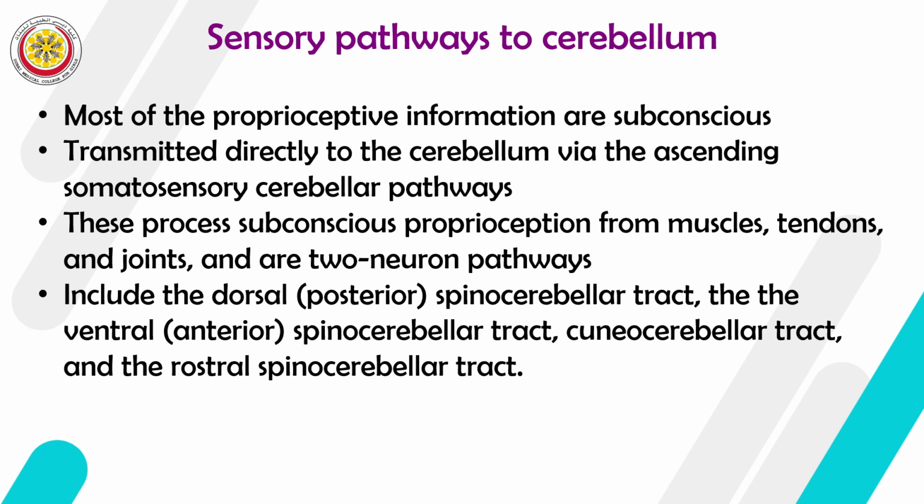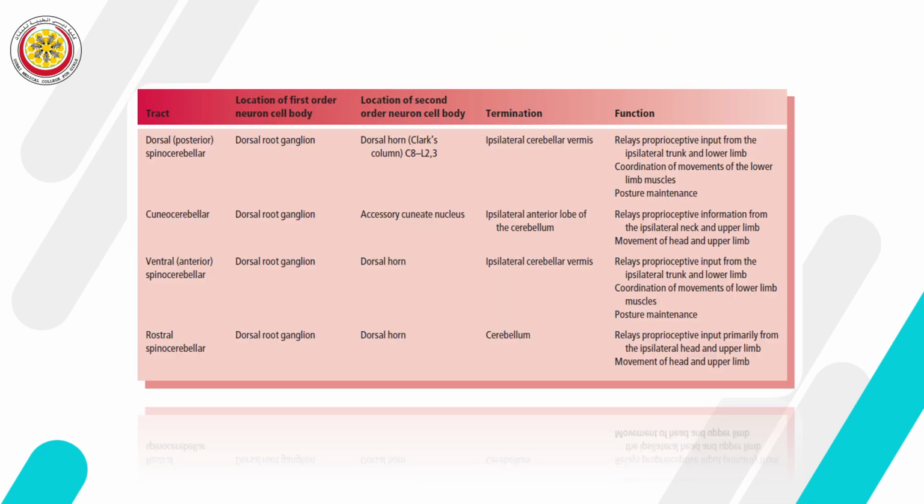In addition, they have some tracts from the cuneate nucleus and the trigeminal nerve, one of them specialized only for the cuneate, and one a combination called the rostral. So we have an additional two tracts. They make these subconscious pathways. So instead of having two, you have four.